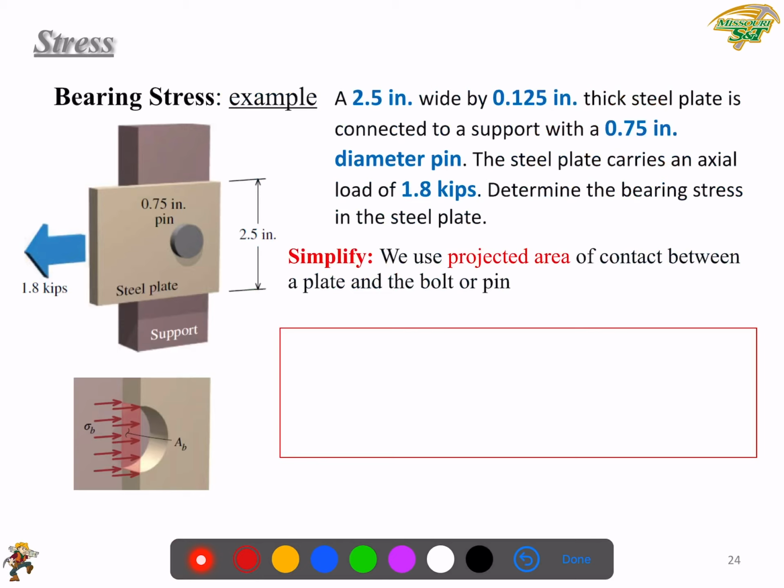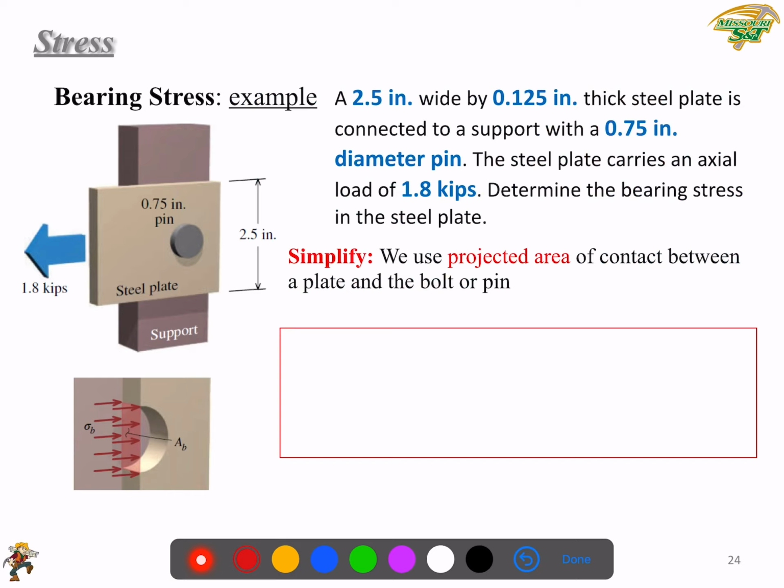An example here, this is a straightforward example. A 2.5 inch wide by 0.125 inch thick steel plate is connected to a support with a 0.75 inch diameter pin. The steel plate carries an axial load of 1.8 kips. Determine the bearing stress in the steel plate.